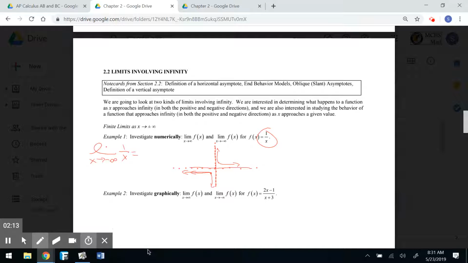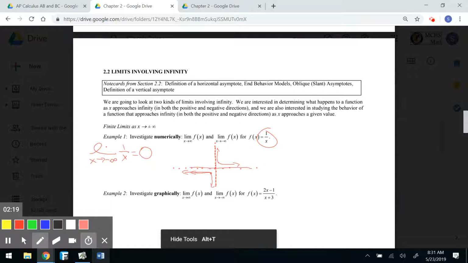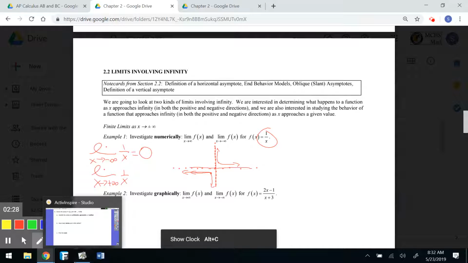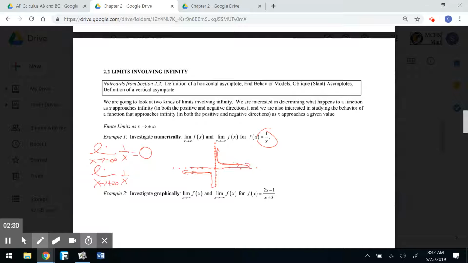Believe it or not, it looks like it's approaching a horizontal asymptote of y equals 0. So we say that that limit's value is 0. Now the limit as x approaches positive infinity of our rational function also goes to a horizontal asymptote of y equals 0. So we say that that limit's value is 0.